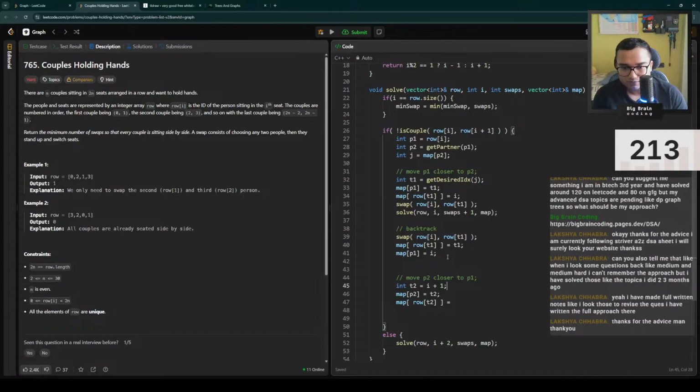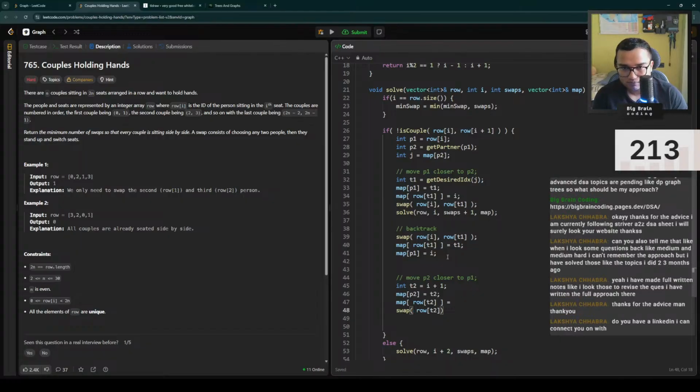So map of P2 becomes T2, and at the end what I have to do is swap row of T2 and the position of the partner, which is J, row of J. P2 becomes at T2 now.